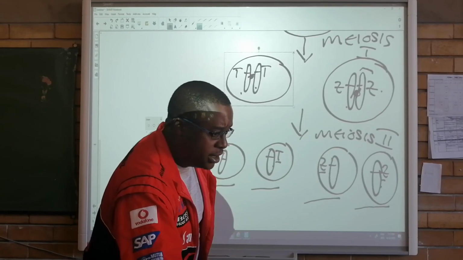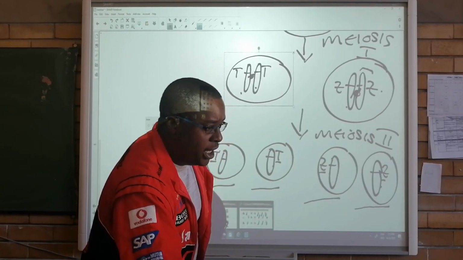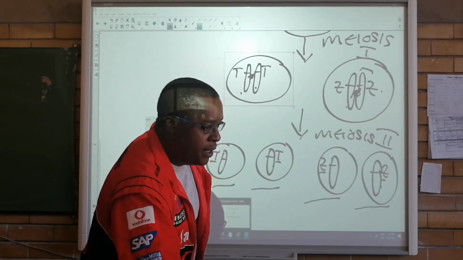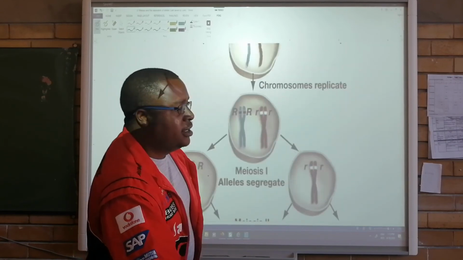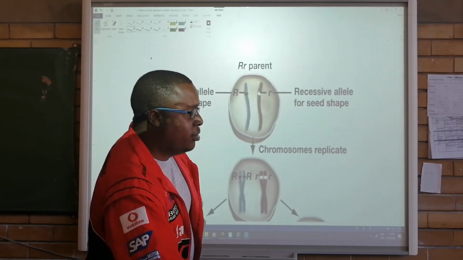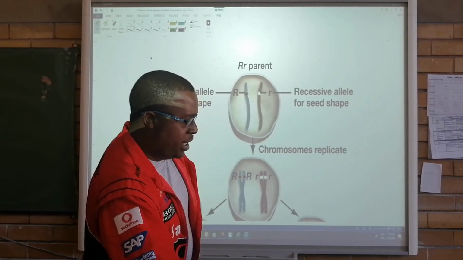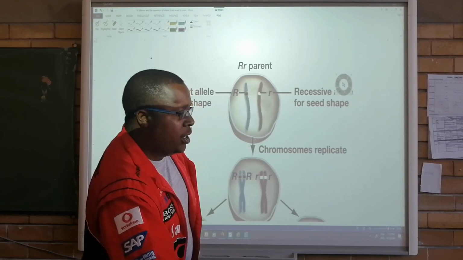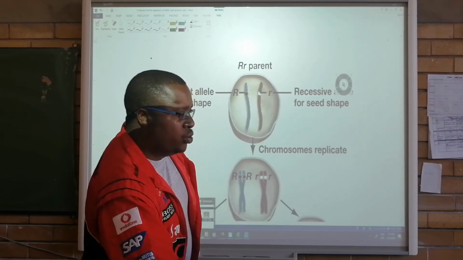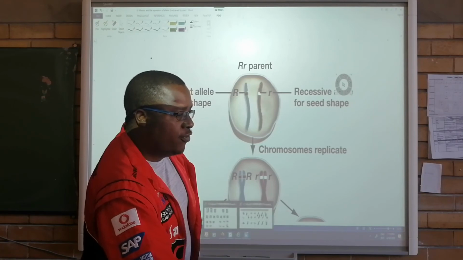Right, I need to make this nice and sweet and short for you. Check this one out. This diagram, I didn't want to show you at the very beginning because I need you to get a hang of it. Here's some homework for you.